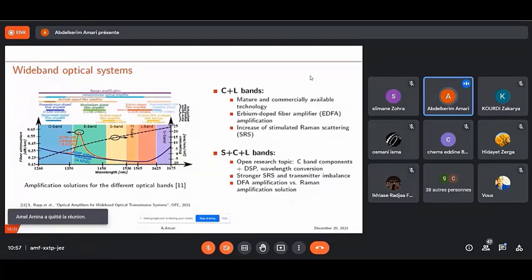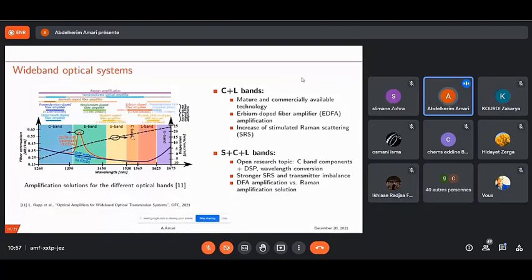And then there are other issues related to the components, because the components that we have, the IQ modulator, the coherent receiver, and so on, are designed for the C-band. By going to the L-band, there was no big deal.